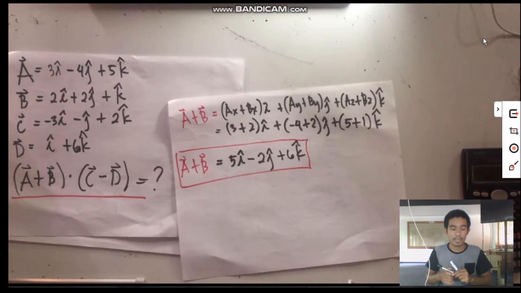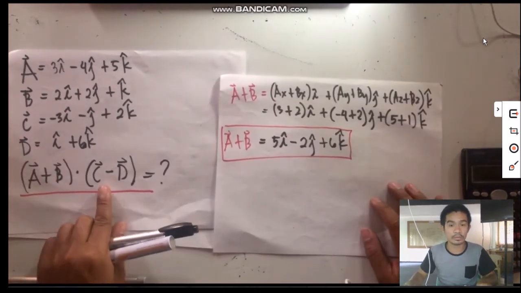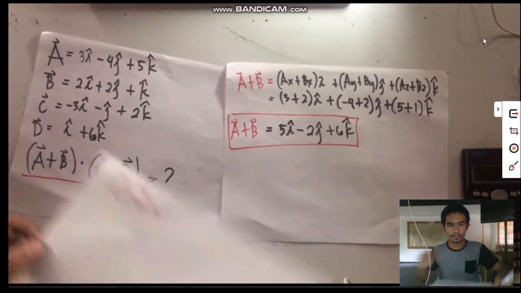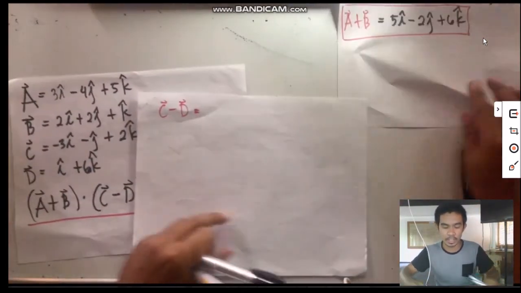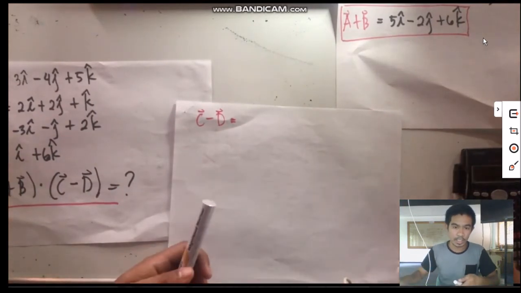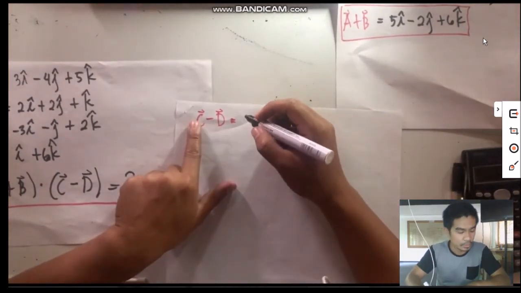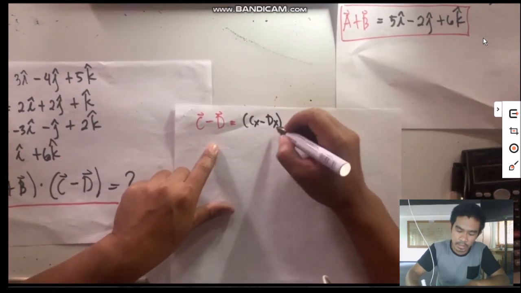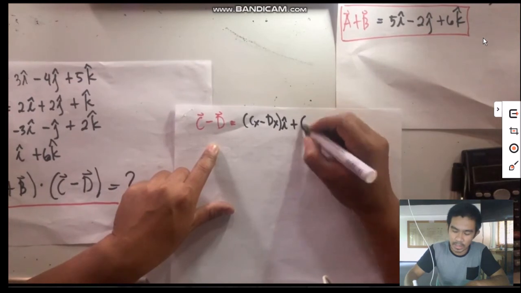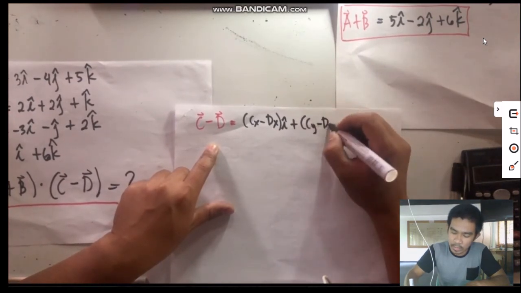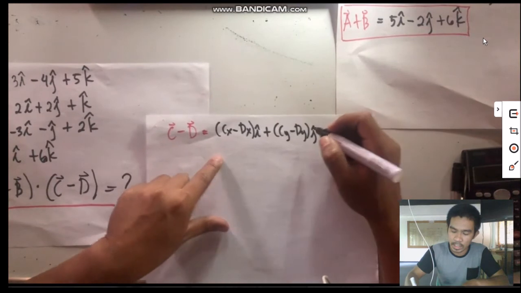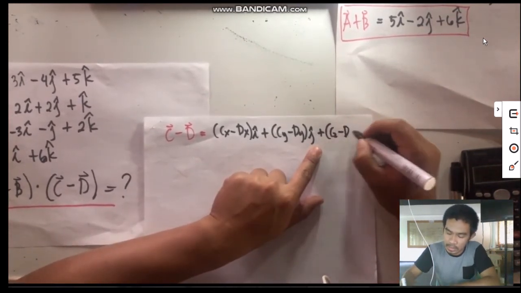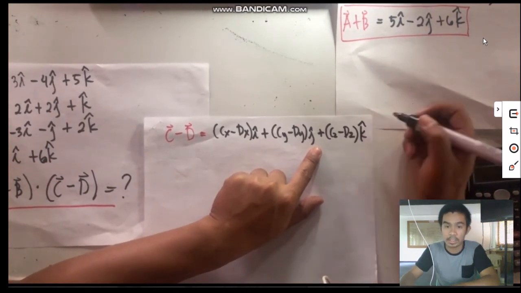Next is to look for vector C minus vector D. What is vector C minus vector D? That is CX minus DX I hat plus CY minus DY J hat plus CZ minus DZ K hat.